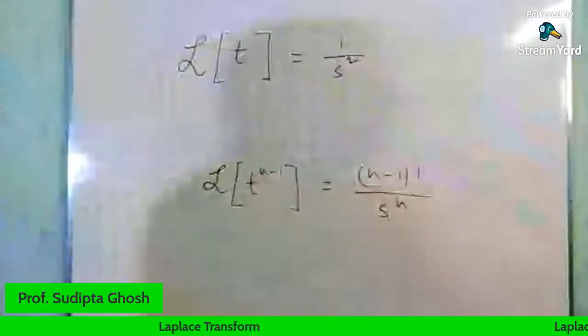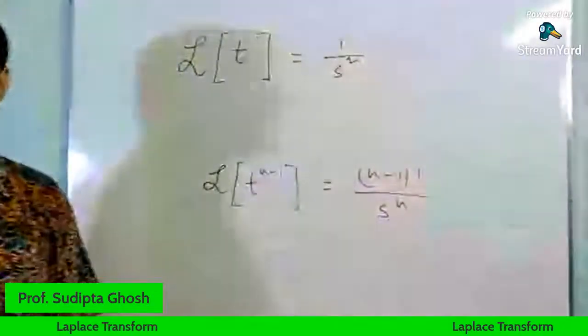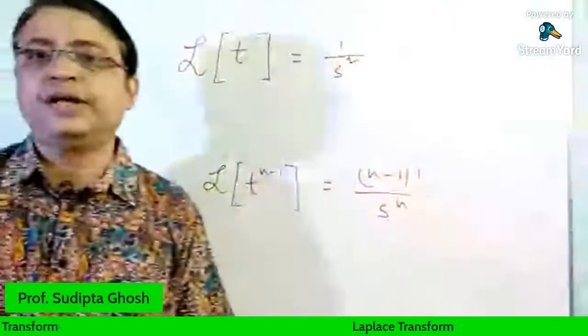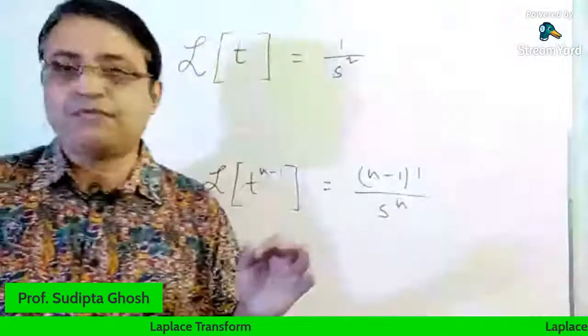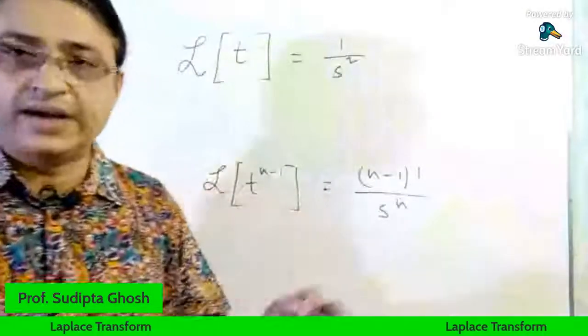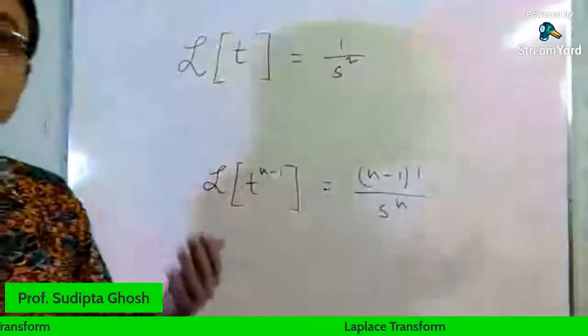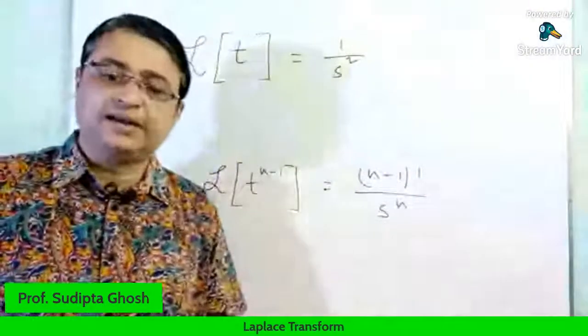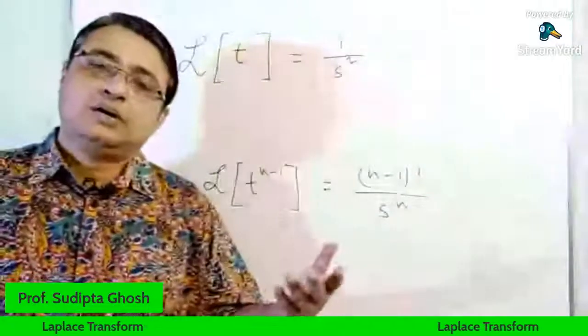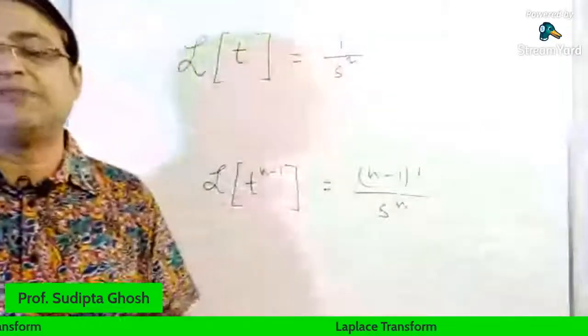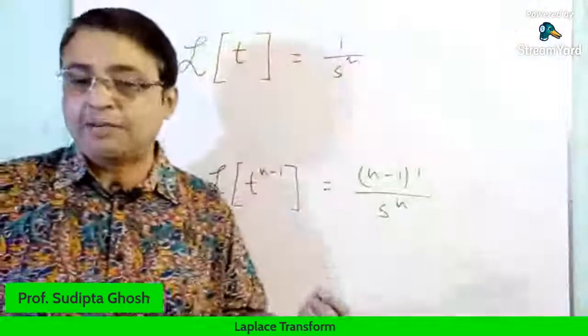And this function, f of t equals t, is known as the ramp function. It is also an important function in circuit theory and in communication. It is used everywhere, and it is known as the ramp function.